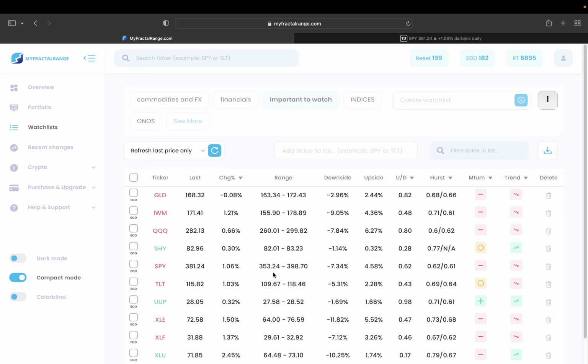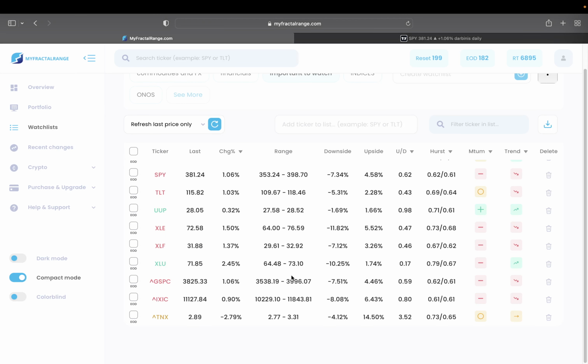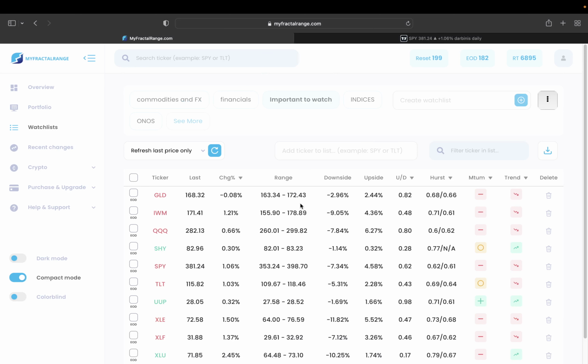So yeah, as I said, XLU is the only one in a bullish trend from the equities I monitor on a daily basis. Of course, I monitor a lot of different watch lists, but this is the most important one. This is always the first thing I do.